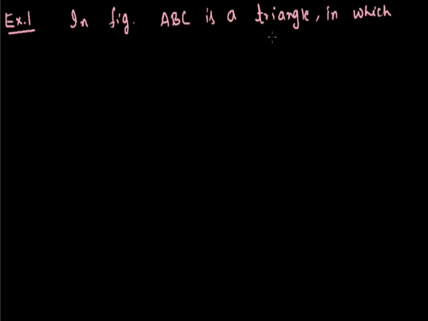Now take some examples based on the previous theorem. In the figure, ABC is a triangle in which angle BAC is equal to 30 degrees.